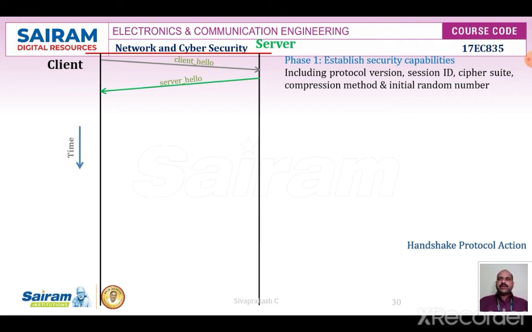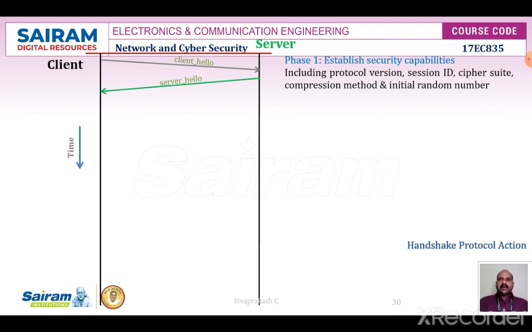In general, a cipher suite is a list which may contain the combinations of cryptographic algorithms supported by the client in decreasing order of preference. Each element of this list defines both a key exchange algorithm and a cipher spec. And the compression method is the list of compression methods which have been supported by the client.